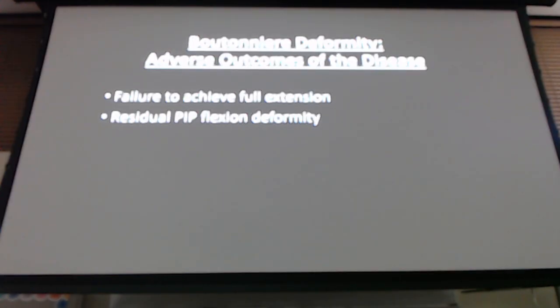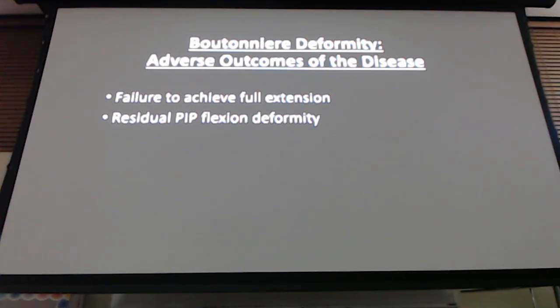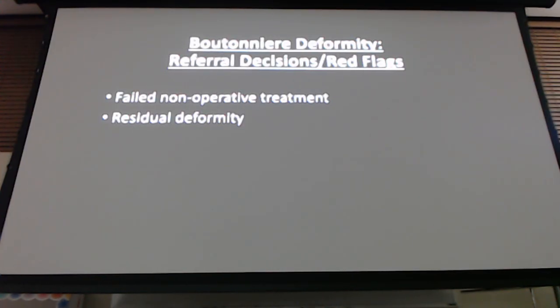You'll find those in your clinics out there. So adverse outcomes of disease: you're going to be unable to achieve full extension, with residual PIP flexion deformity. Referral decisions: if you decide you're going to try that 6 weeks of splinting and the patient does not get better, you're going to refer. Or if the patient comes back and you see a residual deformity, you're going to refer.